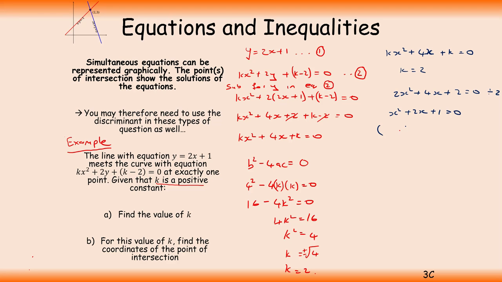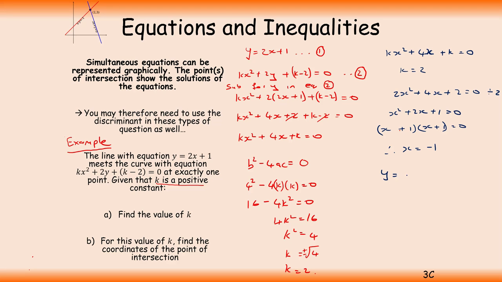I can factorize that. Put x here and an x here. Plus 1 and plus 1. Therefore x is going to be equal to minus 1. So my solution is there, x equals minus 1.